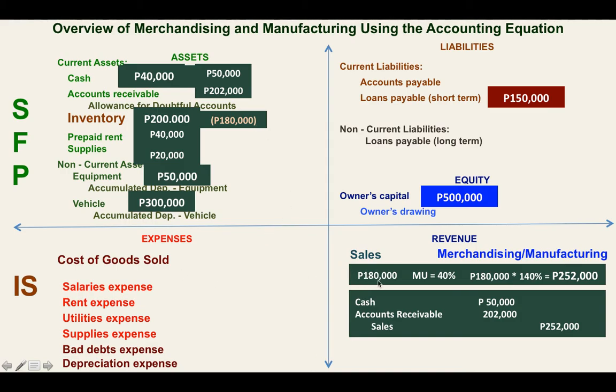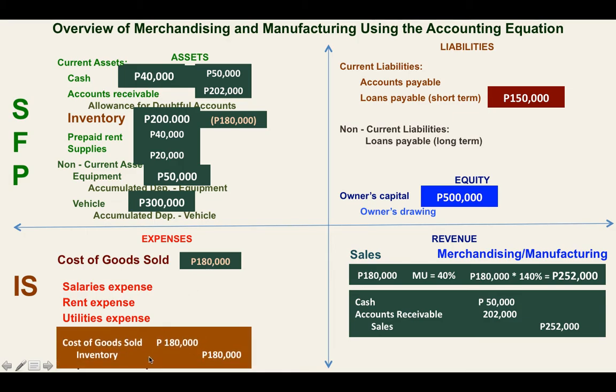The entry to record that will be we will debit the cost of goods sold of 180,000 and credit inventory of 180,000, meaning we are going to remove that inventory already because it was already sold. Okay, so now our inventory is only 20,000.